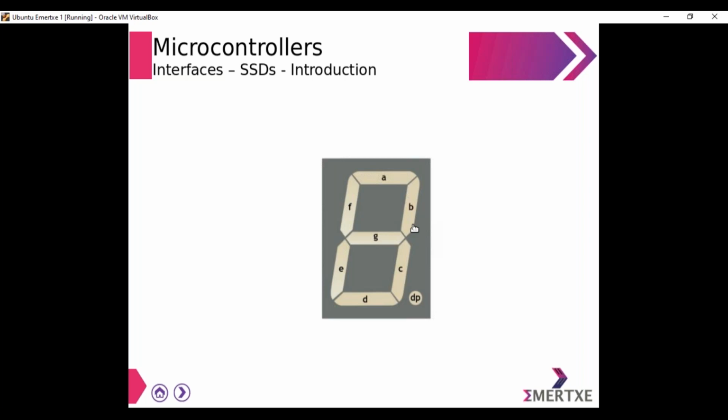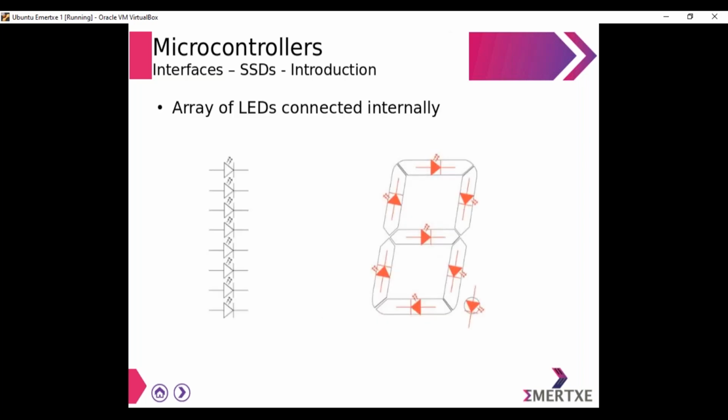The major concentration is only on the 7 segments, hence the name 7 segment display. Each segment in the SSD is made up of an individual LED. So each segment has one individual LED connected to it.